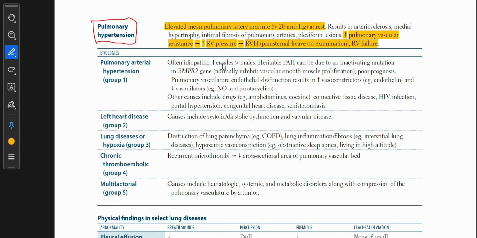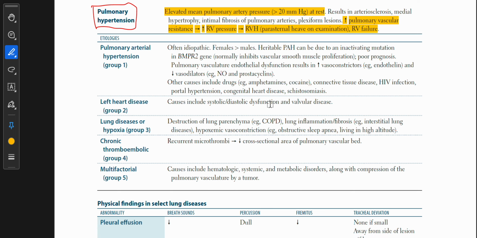Obviously, the right ventricle has to pump the blood to the lungs for oxygenation, and since there is resistance in pulmonary vessels, it cannot pump the blood easily, so the workload increases. Since the workload increases, that will cause hypertrophy, right? So that is what happens in pulmonary hypertension.